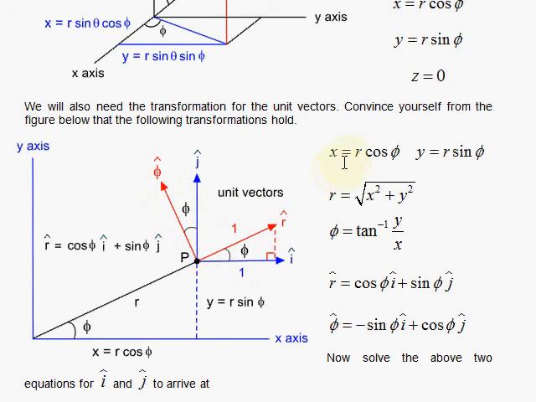So the equations here are very, very familiar with polar coordinates. Your x is going to be your r, your radius times the cosine of phi, and y is r times the sine of phi. What about the unit vectors? Well, the unit vector here, if you went cosine of phi along the i direction and then sine of phi along the y direction, you would have your unit vector r. For the phi unit vector here, I like to think of it as going up with the cosine of phi.